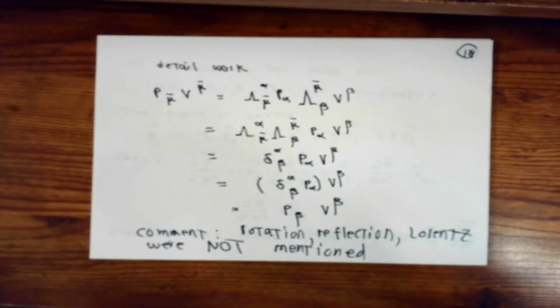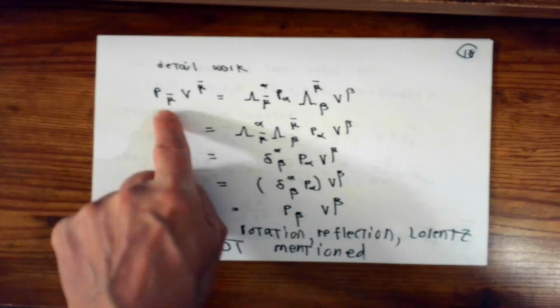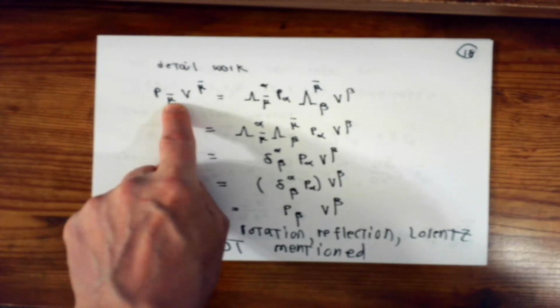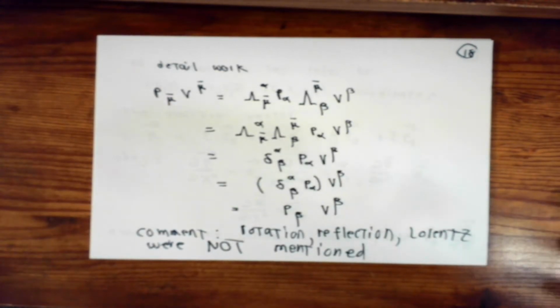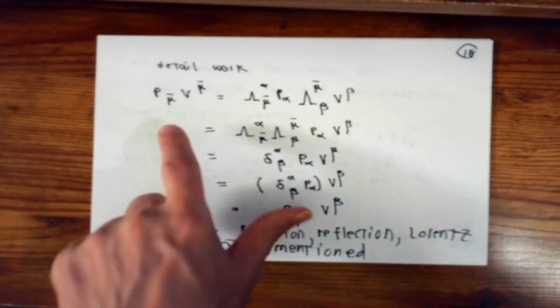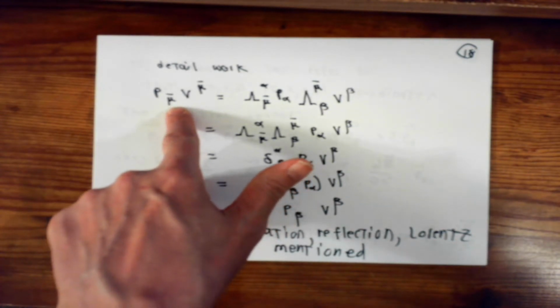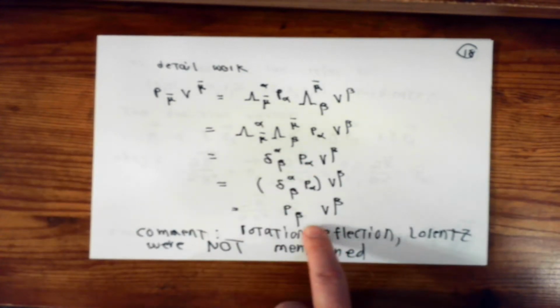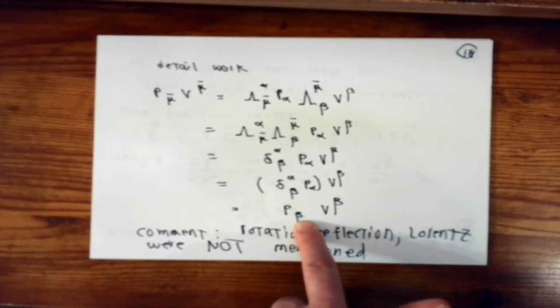If I want to provide some detail work, this is very interesting. P mu bar V mu bar. This is going to be P evaluated at V or V evaluated at P using the components in the barred system. But if you do the same kind of calculation that we've done before, you find out that P mu bar V mu bar is P beta V beta.